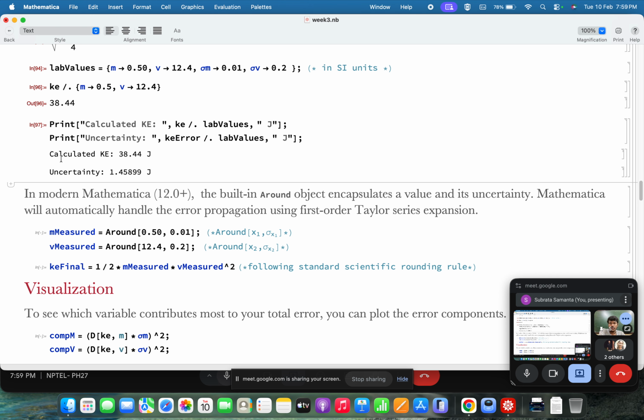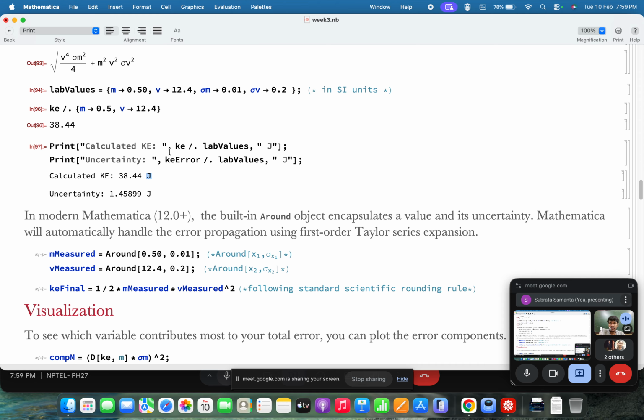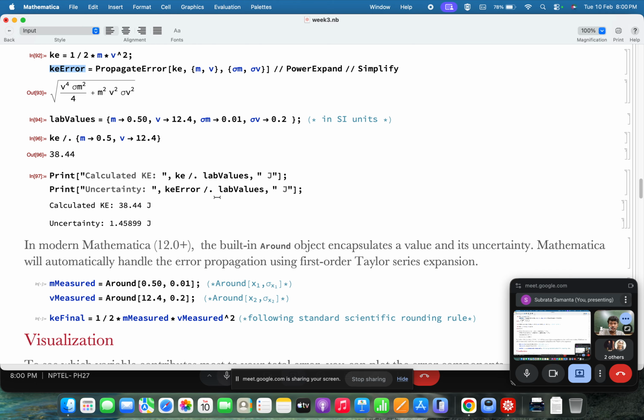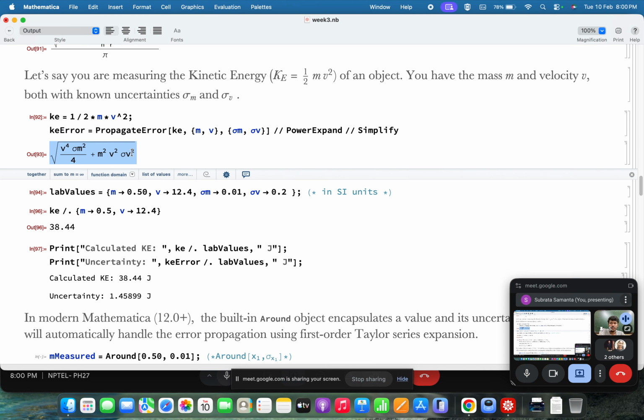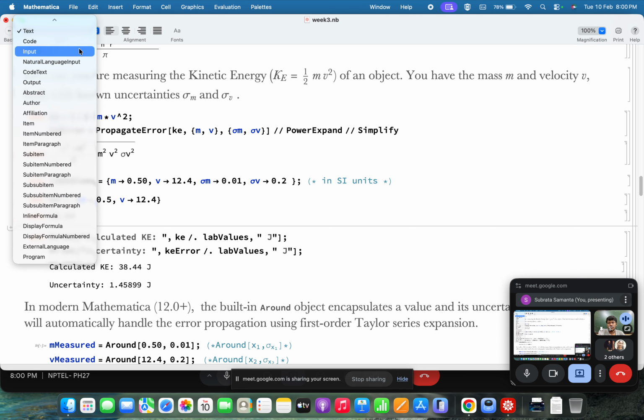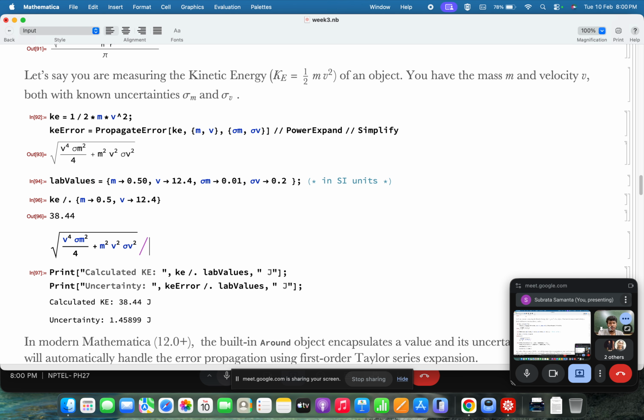You see your calculated kinetic energy 38.44, and I put joule here, my SI unit, and the uncertainty. How to calculate the uncertainty? This is the k error I calculated already, the propagate error, at the lab values. So you will just put here the lab values.